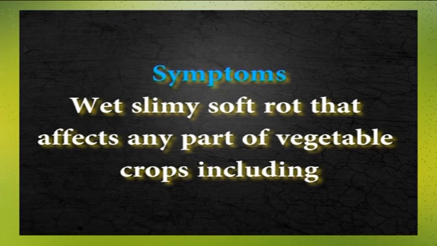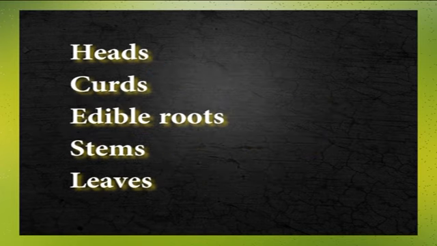The symptoms include wet, slimy, soft rot that affects any part of the vegetable crop including heads, curds, edible roots, stems and leaves. They may have a disagreeable odor.